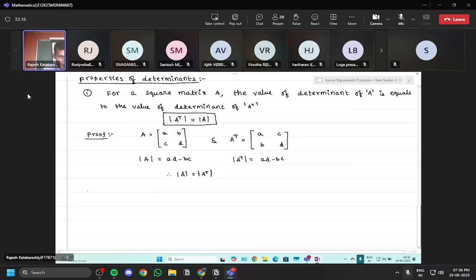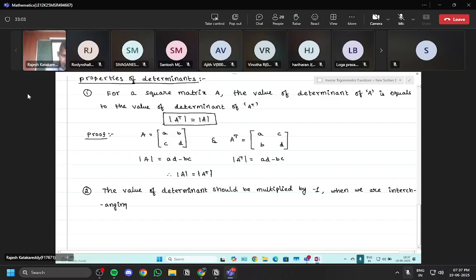Second one, the value of determinant should be multiplied by -1 when we are interchanging any two rows or two columns.